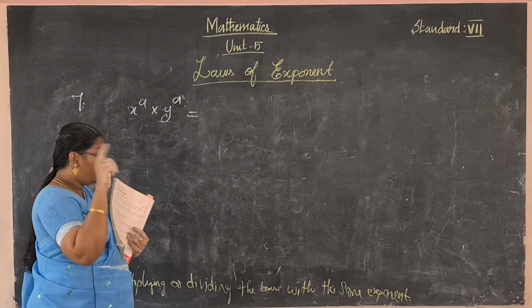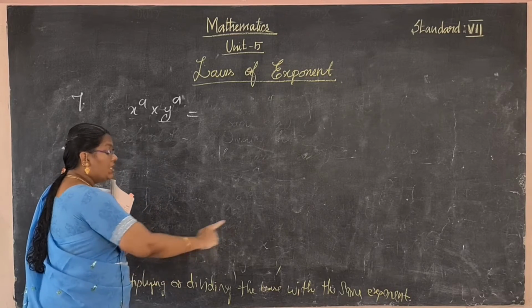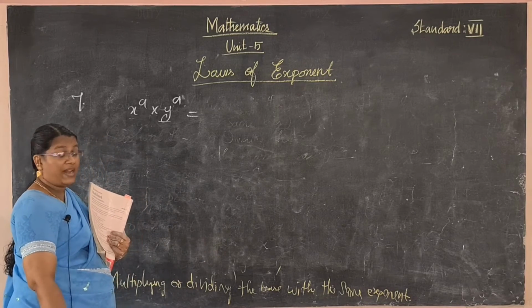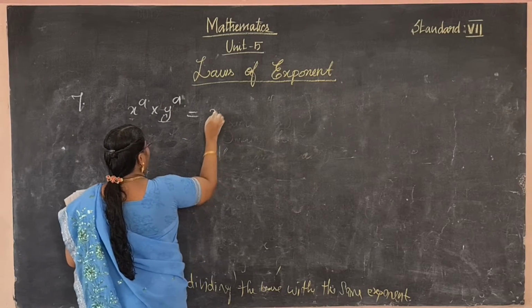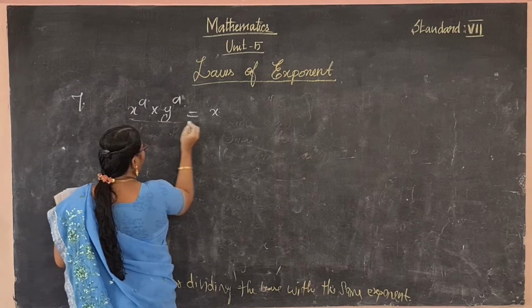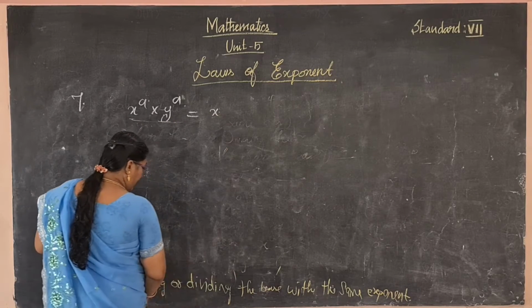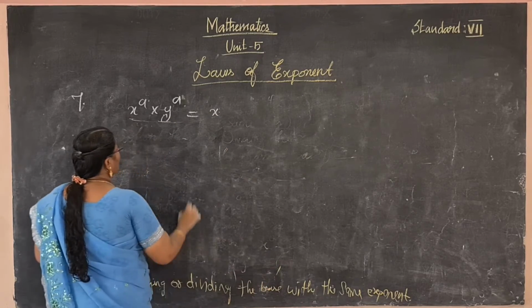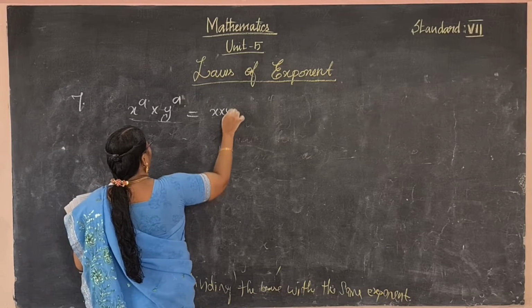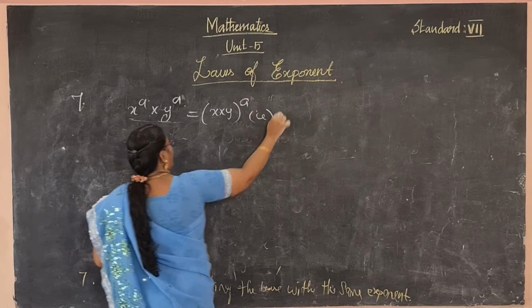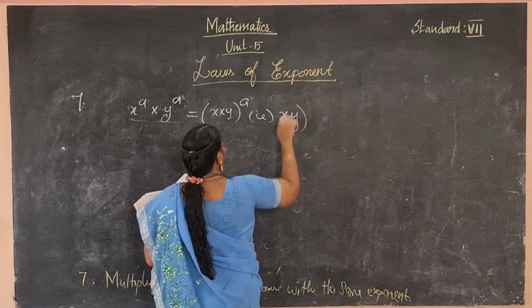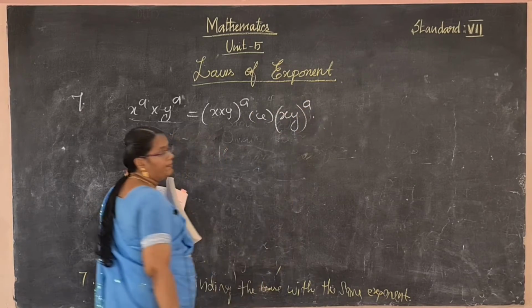Here the powers are same, with the same exponent. So x power a into y power a, we can write by multiplying the base values. So x into y, the power of a, that is xy, the whole power a.